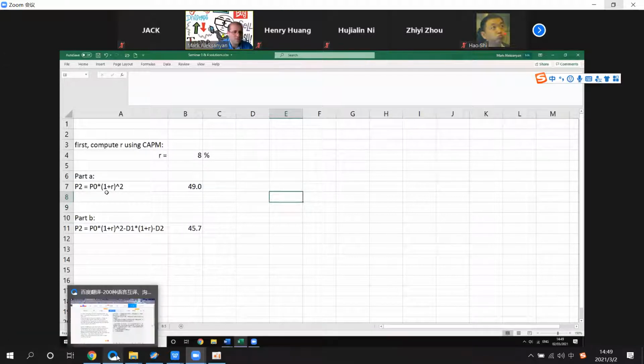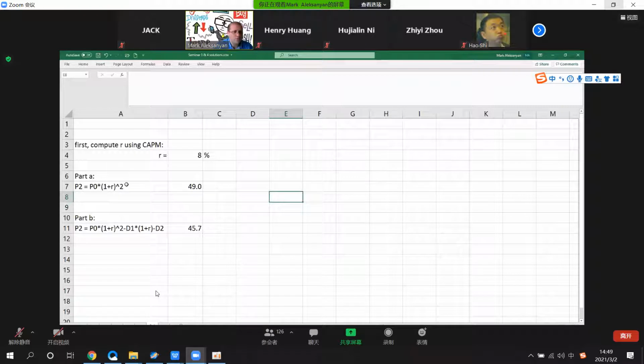So P0 times 1 plus R to the power of 2. So essentially 42 times 1 plus 0.08 to the power of 2. So we're compounding at 2 years.